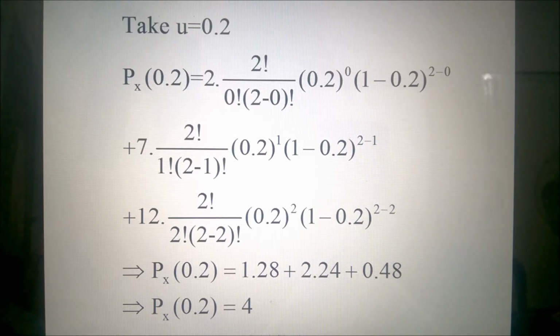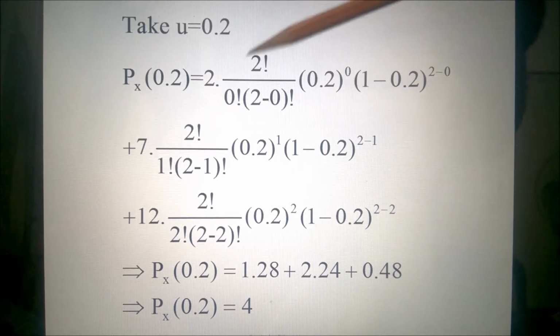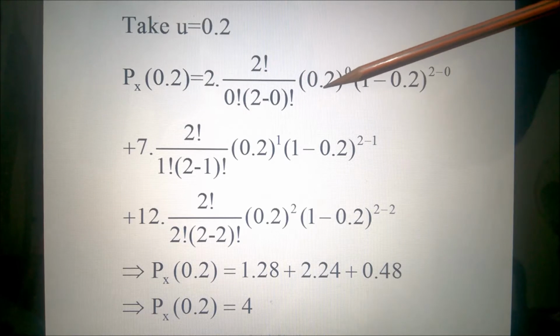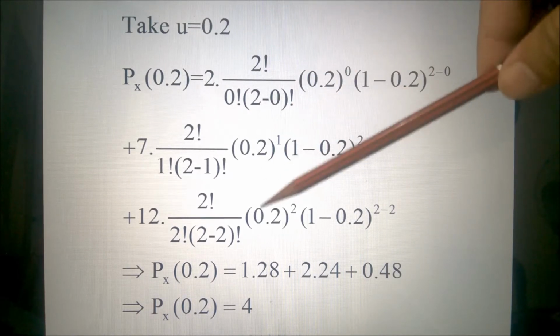Now I incremented u by 0.1, so u becomes 0.2, and exactly as I discussed in the previous cases, u will be substituted as 0.2 and all the other things will remain the same.